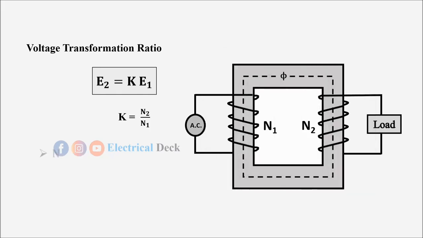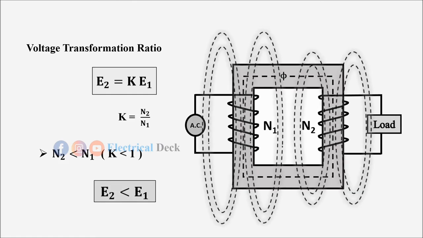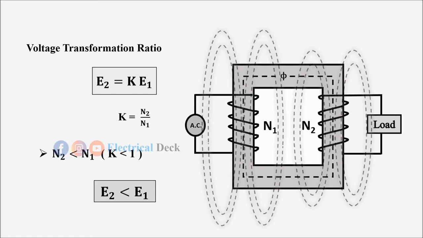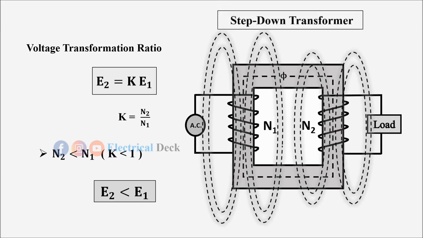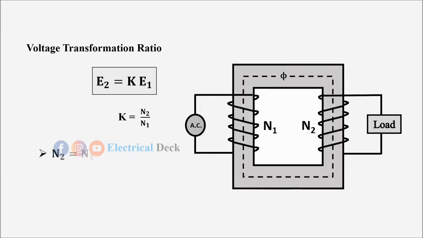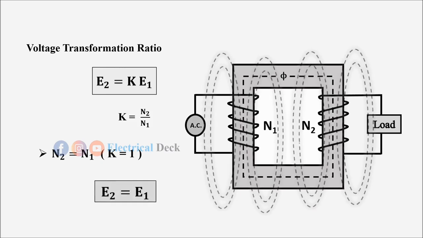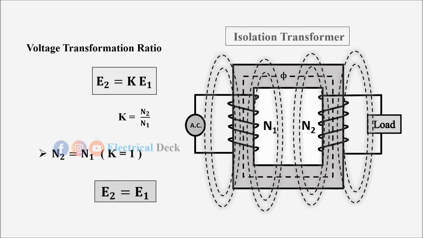Similarly, if secondary turns N2 is lesser than the primary turns N1, that is K value will be lesser than 1, then we get E2 lesser than E1. At this condition, we can say that the transformer works as a step-down transformer. And if both secondary turns and primary turns are equal, we get E2 is equal to E1. Then the transformer is called as isolation transformer.